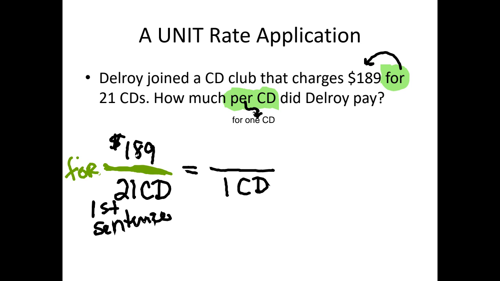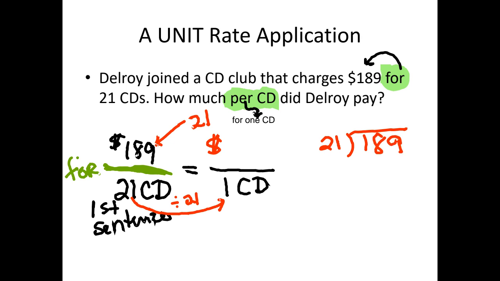I am dividing by 21, which means my money is dividing by 21. Well, hopefully you know that this is 9. Each CD cost $9.